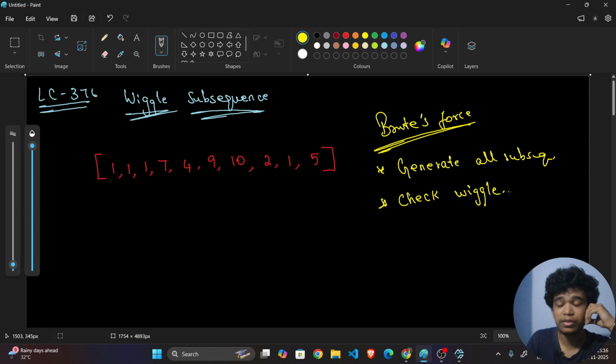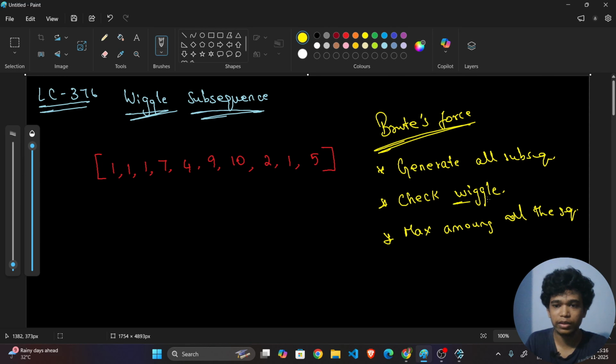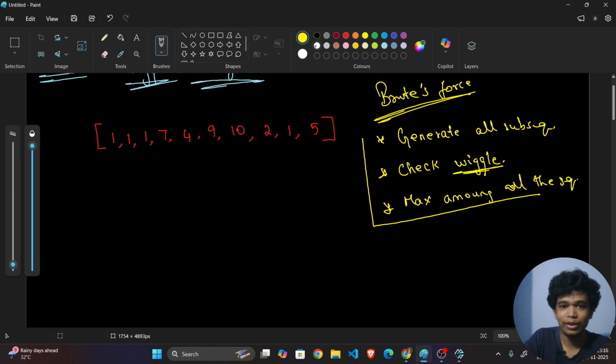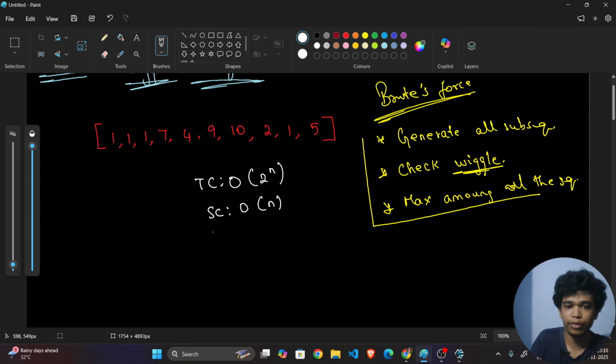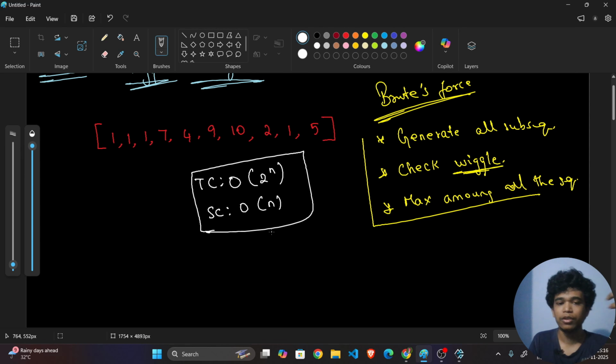If it is a wiggle sequence, then count it and take the maximum among all the subsequences we have found. These are the three steps for the brute force approach, but unfortunately the time complexity will be almost 2 power n and the space complexity will be almost O of n. So I am not going to get into this brute force approach.